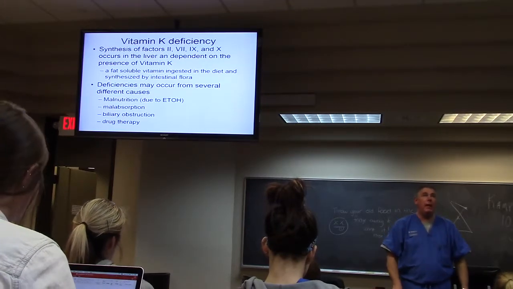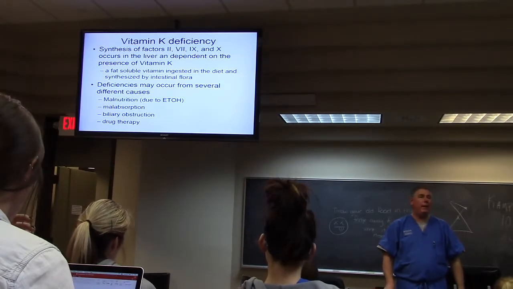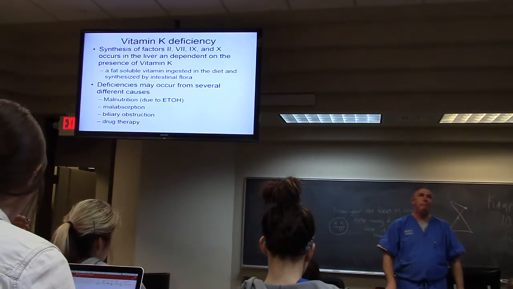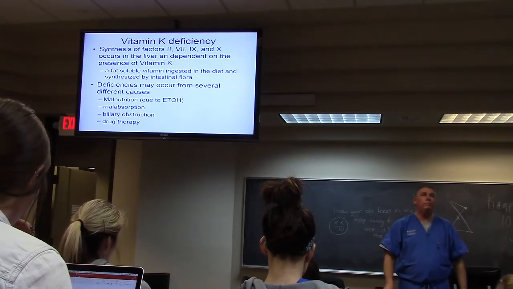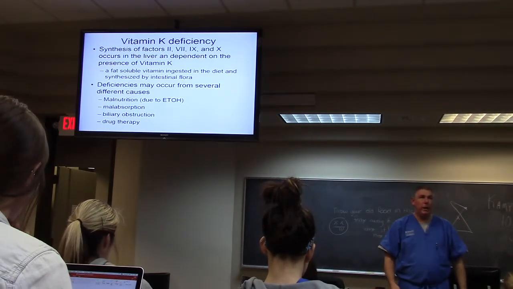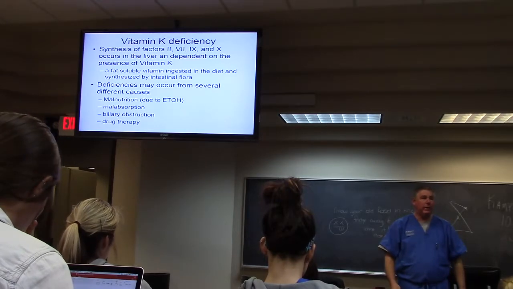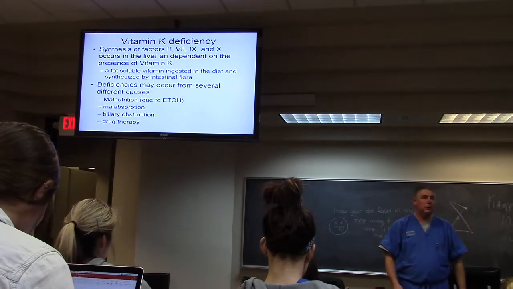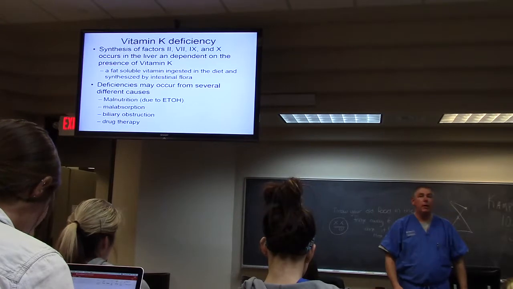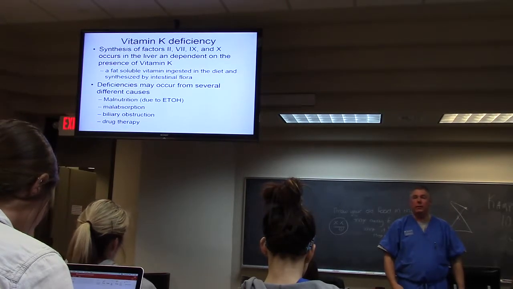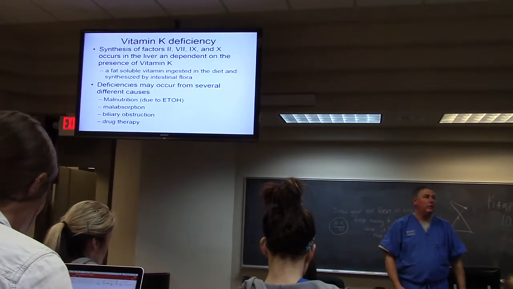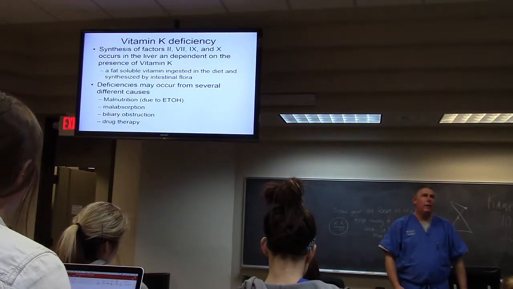Of course, vitamin K deficiencies, nutrition due to excessive ethanol or alcohol consumption, and throw on top of that the destruction of the liver with cirrhosis. It's all related to that.